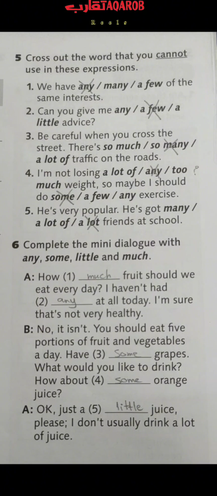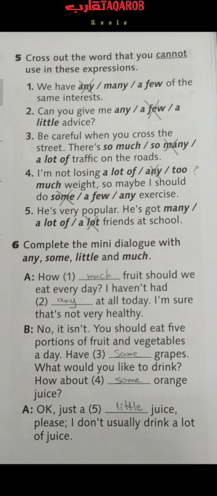So maybe I should do some exercise, a few exercise, any exercise. So I think we must cross out any, because we can say I should do some exercise or I should do a few exercises, but we cross out any. Any is not used here.